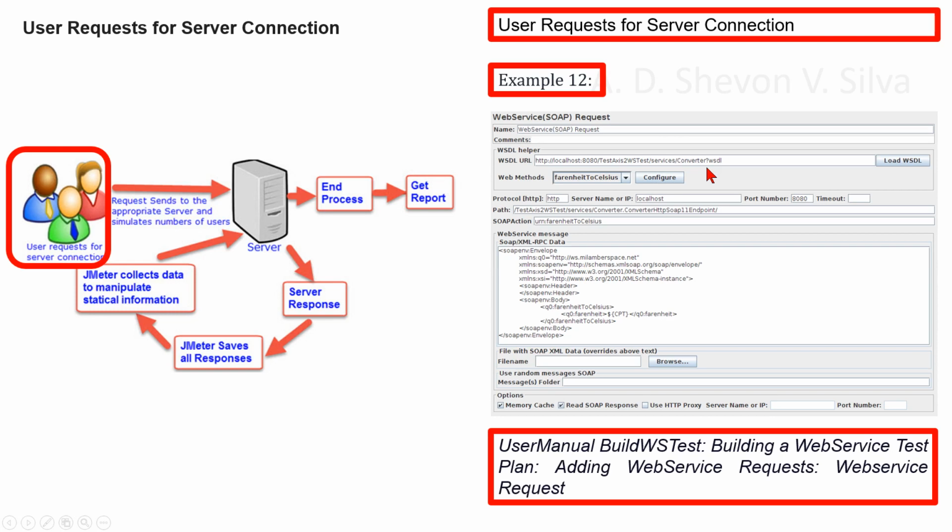Next, select the web method and click configure. The sampler should populate the URL and SOAP action web fields.